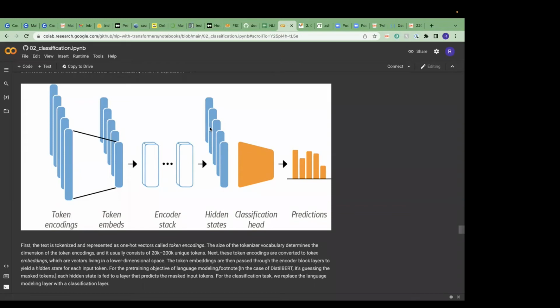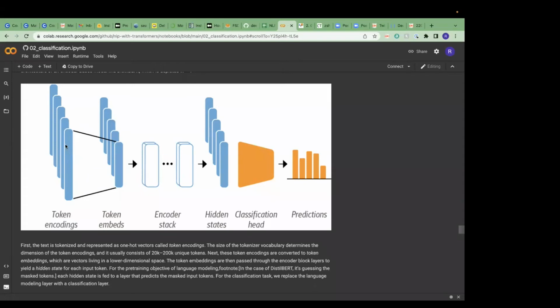So the token embeddings are your dimensionality reduced one-hot encoding. They're no longer one-hot encoding, they're dimensionality reduced, and they're non-contextual because they haven't gone through attention. The encoder stack is where the attention happens in the transformer, and you get contextual embeddings.